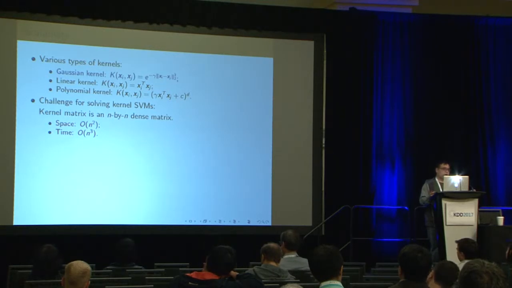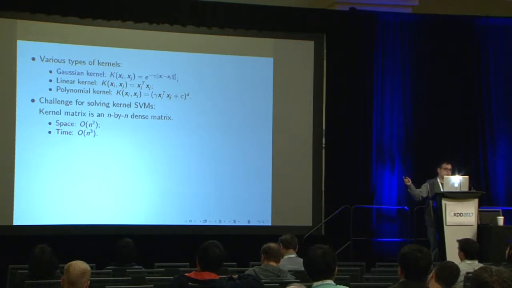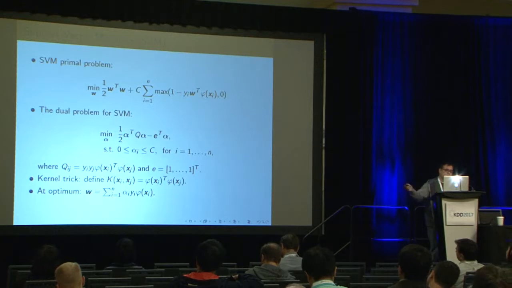So typically in kernel SVM, many people are using Gaussian kernel, and sometimes in some natural language processing applications, you also want to use polynomial kernel. And the challenge is, in the worst case, if you want to solve this conjunctive minimization problem, your Q matrix is an n by n dense matrix, which requires n square storage.